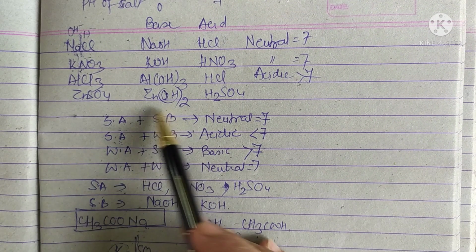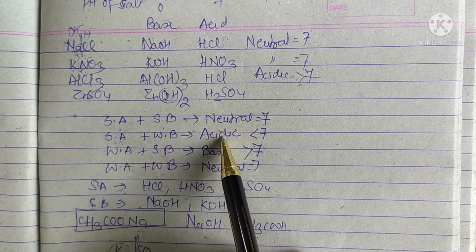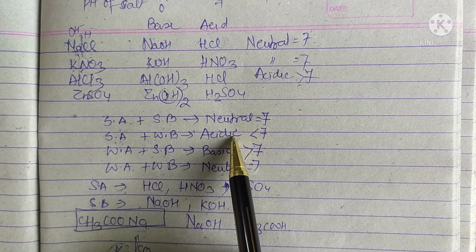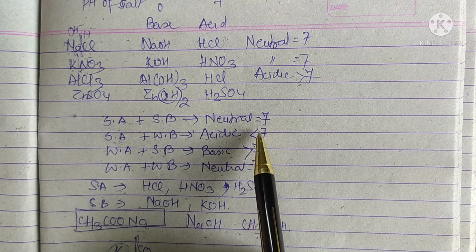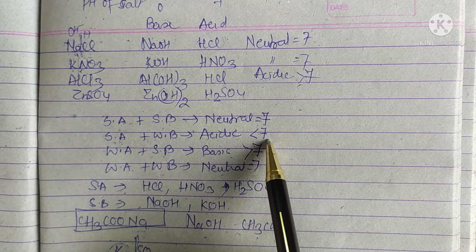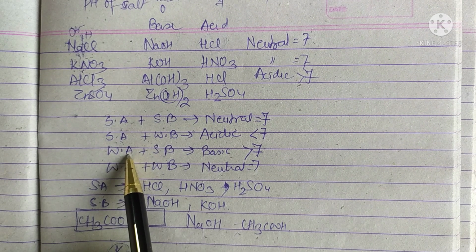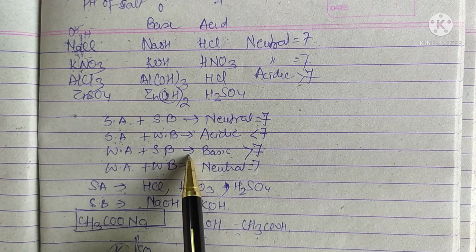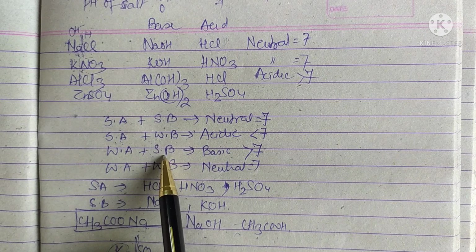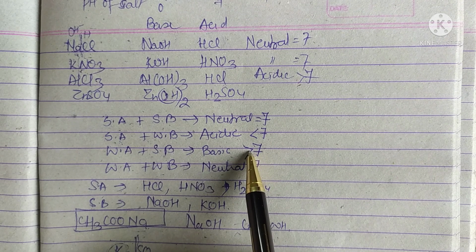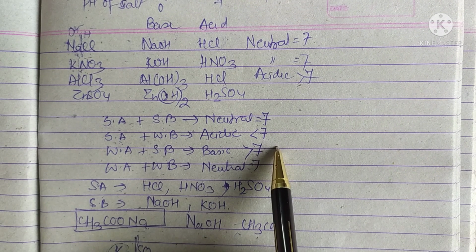Means whichever is strong, the nature of the salt will be that only. Here the acid is strong, so the salt will be acidic in nature and its pH will be less than 7. Next, if the salt is obtained from a weak acid and a strong base, then because the base is strong, the nature of the salt will be basic and the pH of the salt will be more than 7.